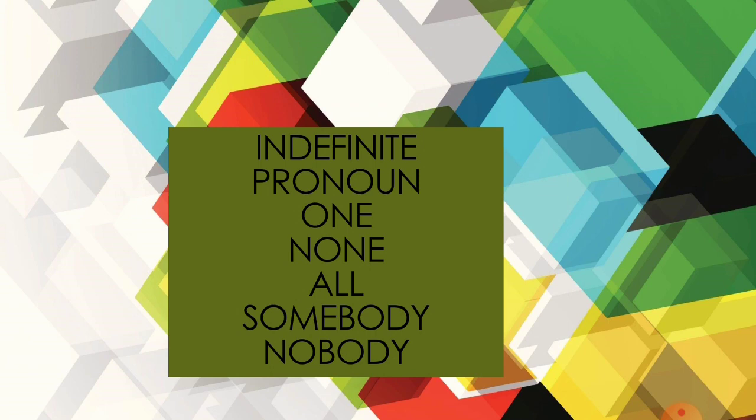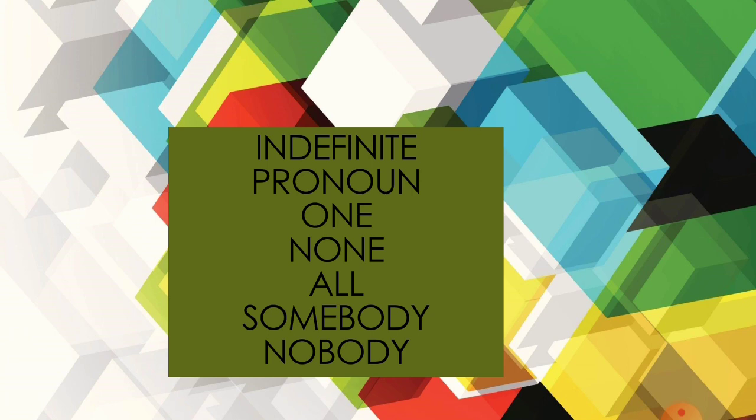Indefinite pronoun. When the person or thing that they are referring to is not particular, then we call it an indefinite pronoun. For example, one. One who does this, one who does that. So we are talking about somebody, but not a particular one. This is a generalized statement.